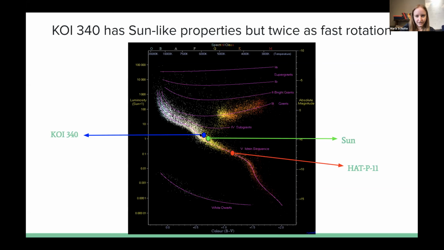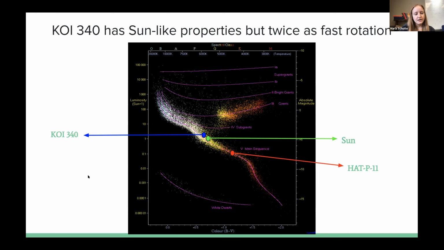I've exaggerated this, but it is slightly bigger than the sun. But as you can see from HAT-P-11 down here, it is a K-dwarf, so it's a lower temperature and has a deeper convection zone, but it has a similar rotation period to the sun, about 29 days. KOI-340, on the other hand, actually rotates about twice as fast as the sun, with a rotation period of about 13 days.